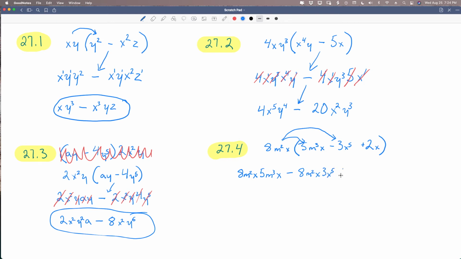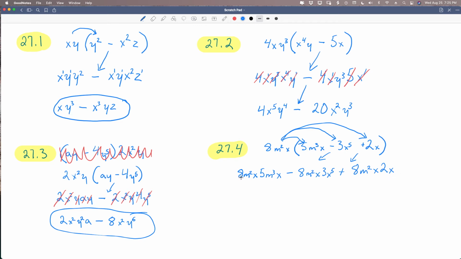Bring down my operation, right? Just like I did over here. And then I write the first bit again, 8m^2x, and then I go to the third term, which is 2x. All right, so now all I have to do is squish everything together and do any multiplication of constants.